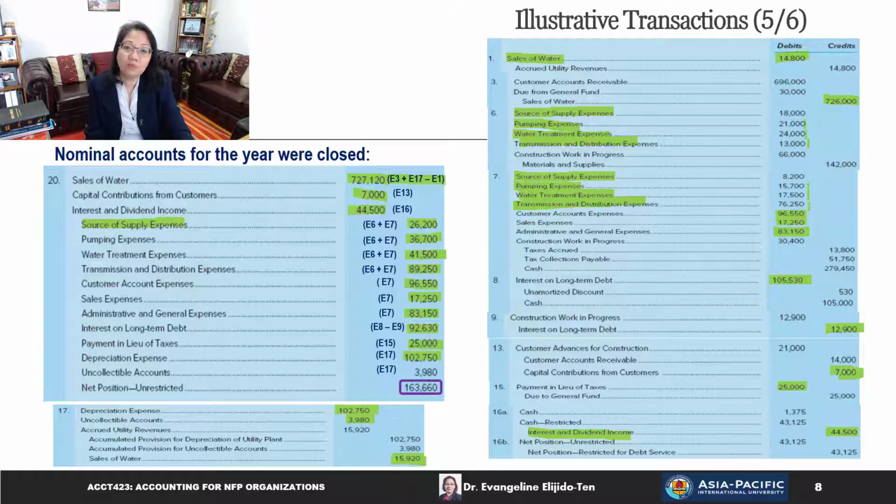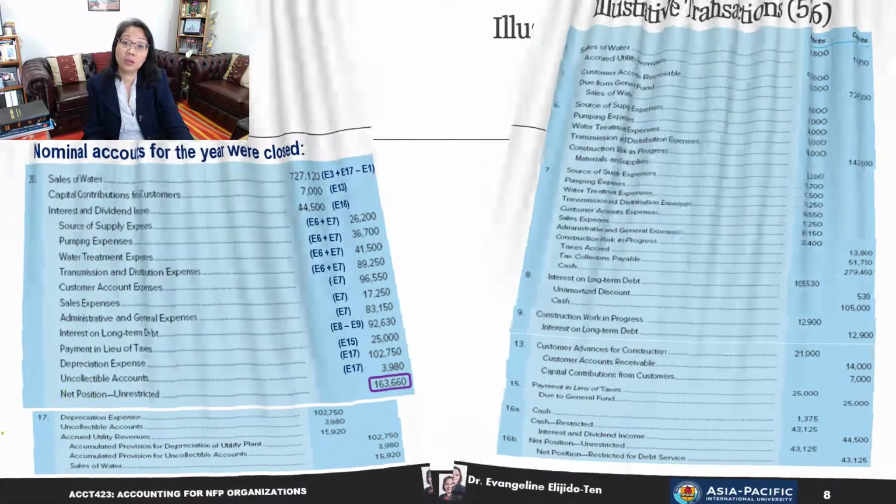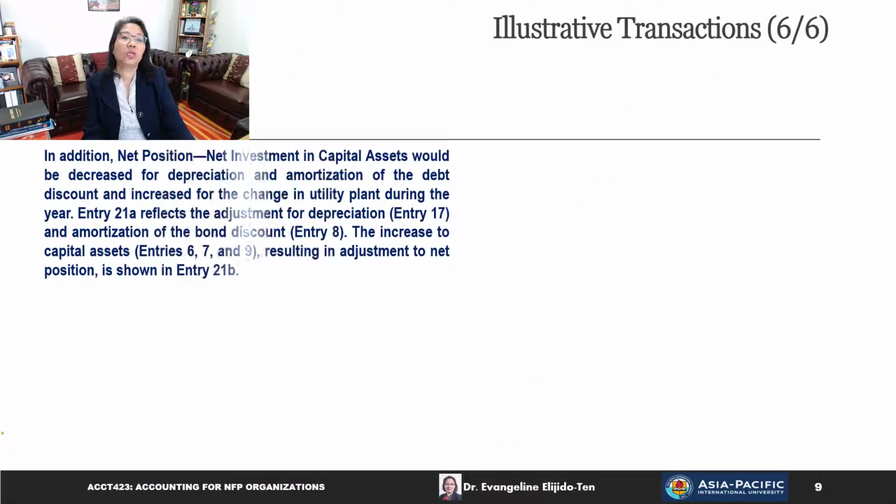And the balancing figure, that means the difference between the total of your debit and the total of your credit, will be 163,660, and that would be closed to net position unrestricted, the balancing figure. Okay, so we have closed all the nominal accounts. What do we do next?